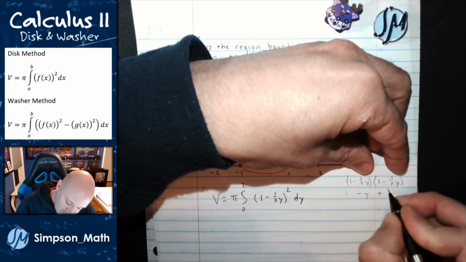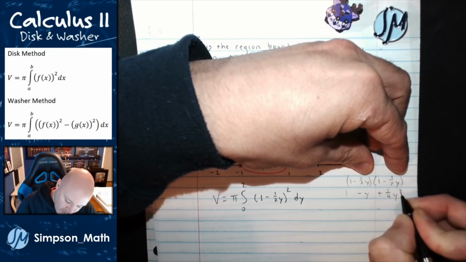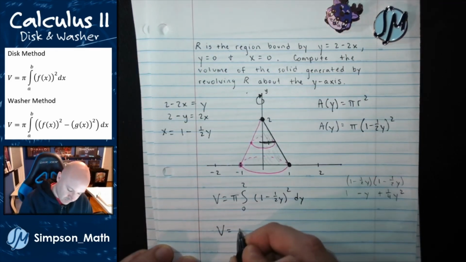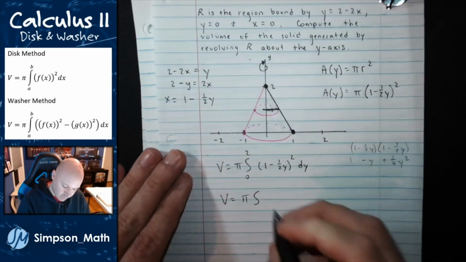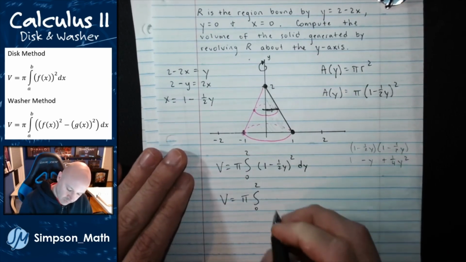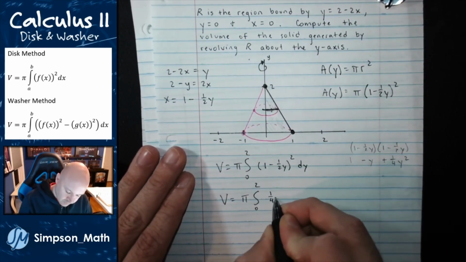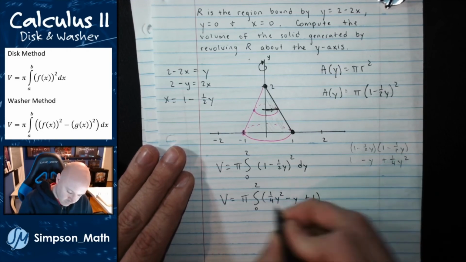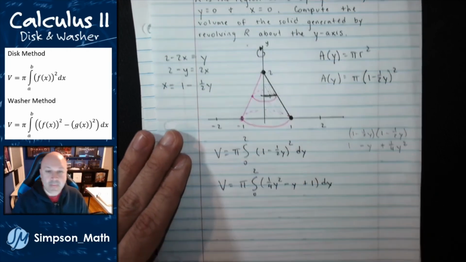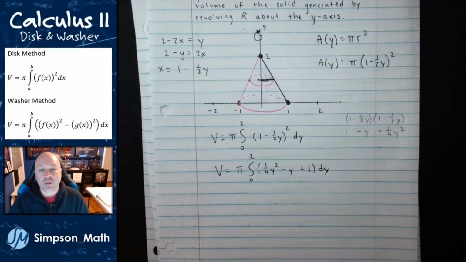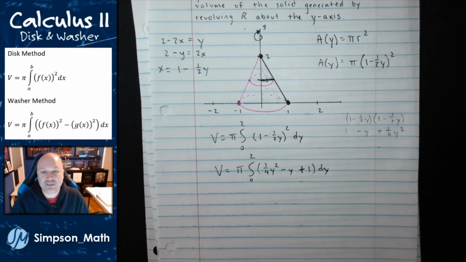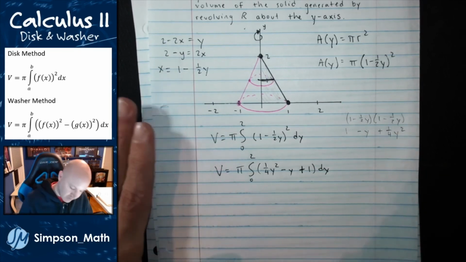This becomes a positive 1/4 y squared. At this point, the hard part is over. Now this is just plug and chug and some trivial stuff, but I can do it real quick.